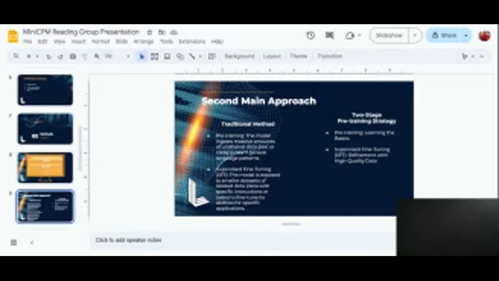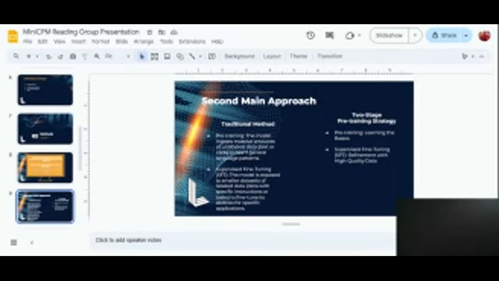In the second stage, the supervised fine-tuning stage, the model receives more specific training on a smaller, high-quality dataset tailored to a particular task. It's like imagine having a skilled model.